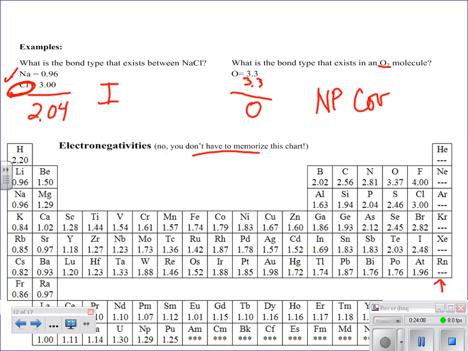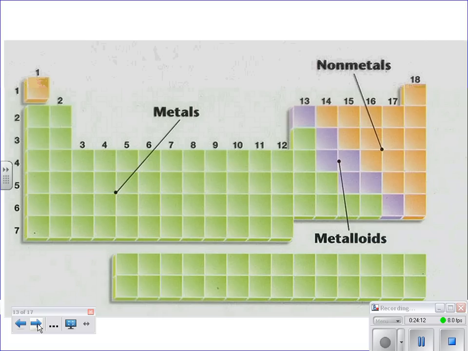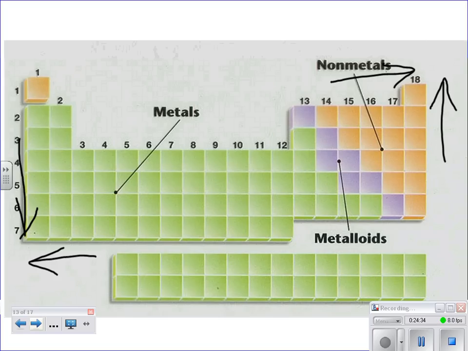Okay, so we're going to be able to use these charts. You'll need this for your homework. And here's just a little reminder about where metals and non-metals are. You should now be able to consolidate some things that we've learned. We talked about ionization energy and electronegativity increasing in this direction, and the size of an atom or ion increasing in this direction.